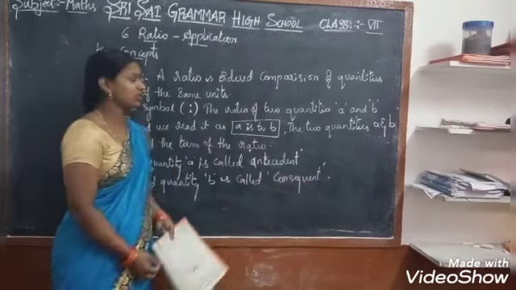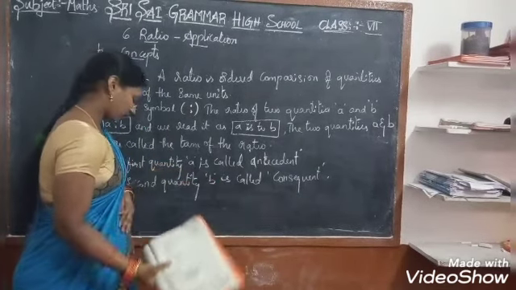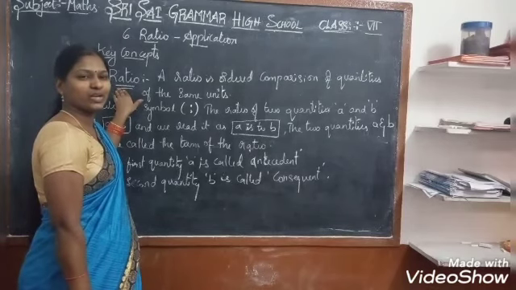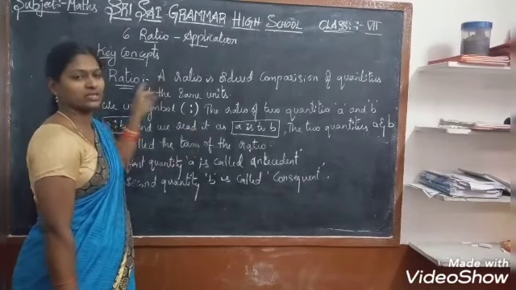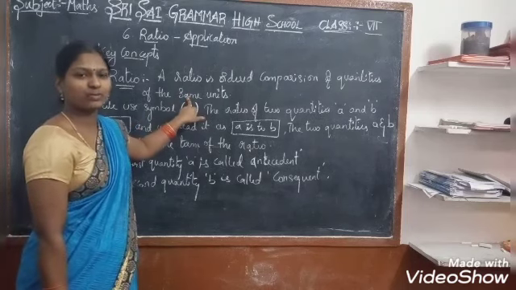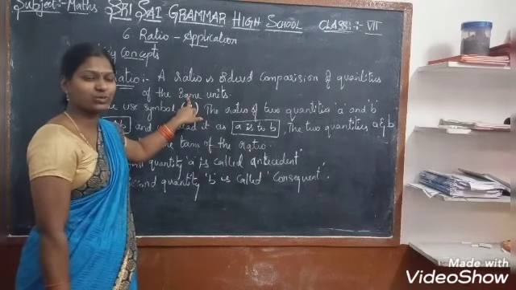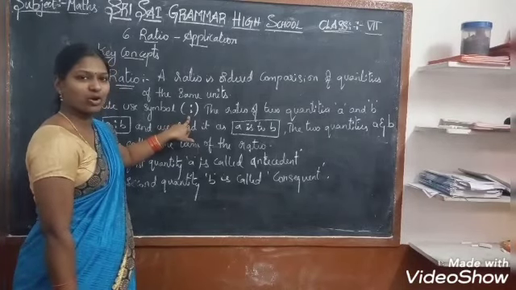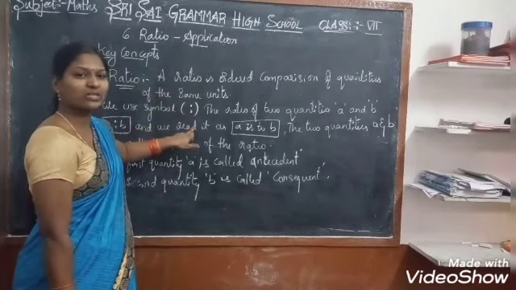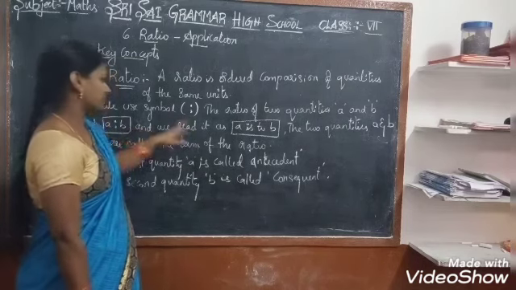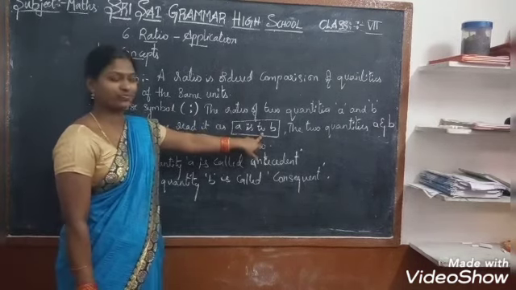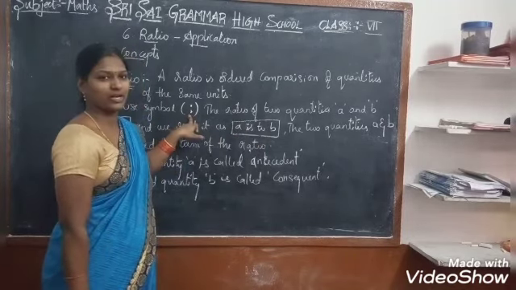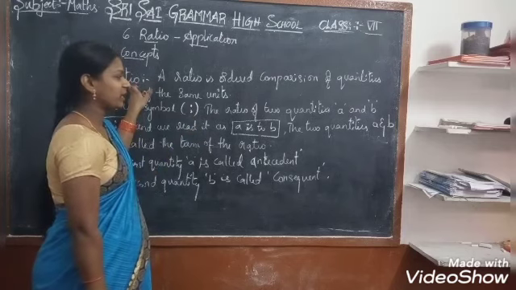Understood? We have learned the ratio. We compare two quantities of the same unit. The symbol we use is the symbol of ratio, and we call it "is to".